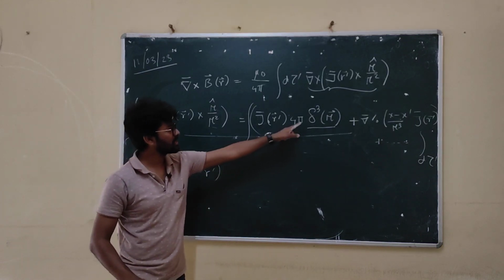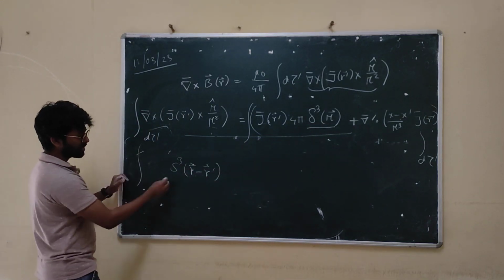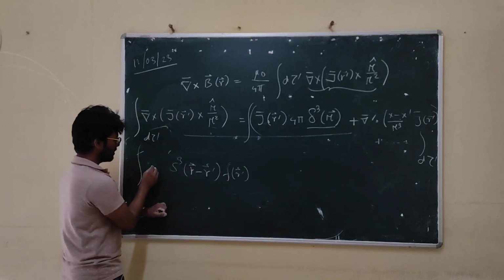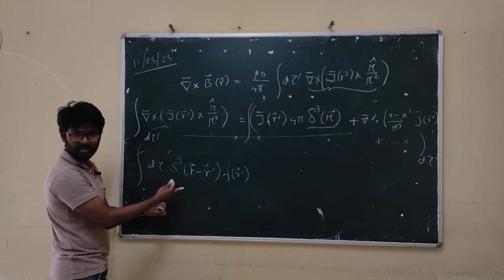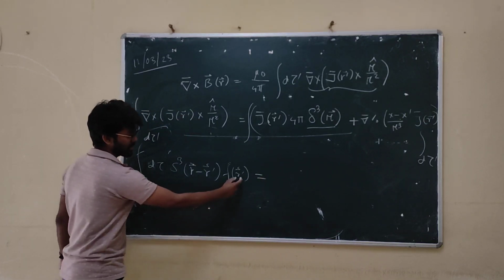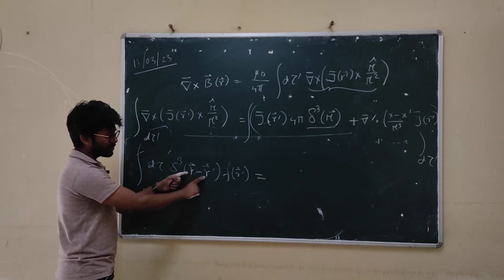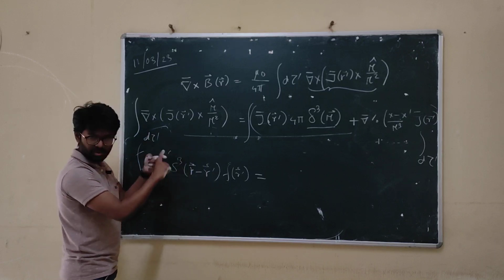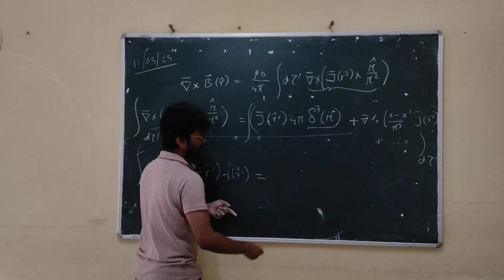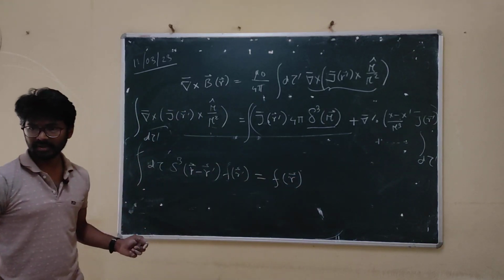And you know what happens when you take some function of r prime and you do this thing. What will happen? The answer, this will pick the value where delta becomes non-zero. At r equal to r prime, delta becomes non-zero. Everywhere else it's 0. So this thing will just come out here as f of r, right?